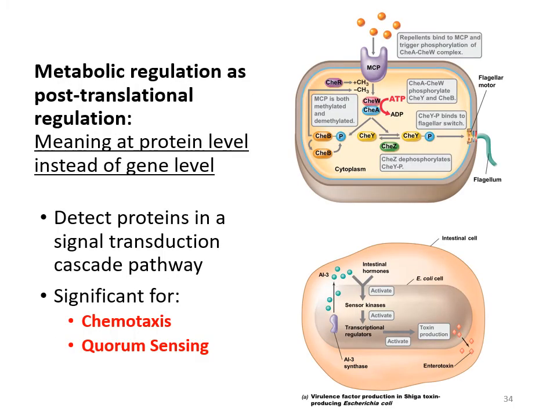Now, the last thing to mention with regard to metabolic regulation is that you can have various forms of regulation beyond the gene level. Instead, this is at the protein level. Two examples are chemotaxis and quorum sensing. What chemotaxis means is that bacteria can move toward an attractant or away from a repellent.